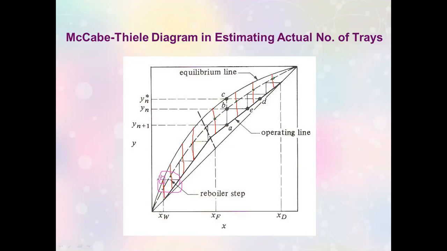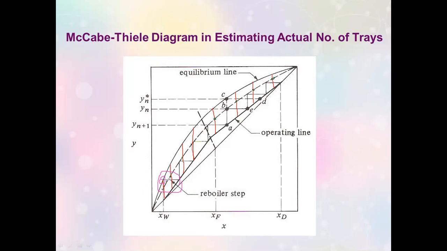Why does this last step have to be right on the original curve for the system that is provided to you, but not on the curve that you have drawn yourselves based on the Murphree efficiency? Does anybody have a guess?